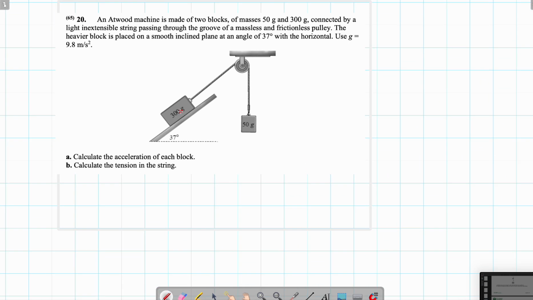So here we have weight, here we have normal, here we have tension. Let me just clear it. Here we have tension, and then we're going to need to project. Here we would have W cosine 37.